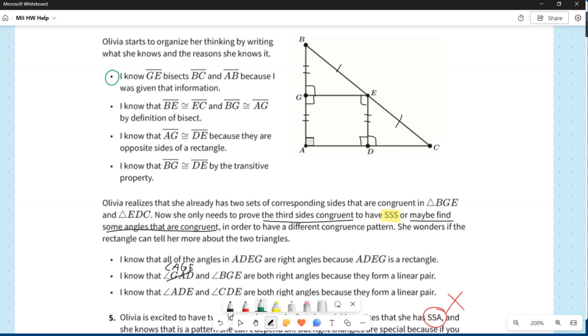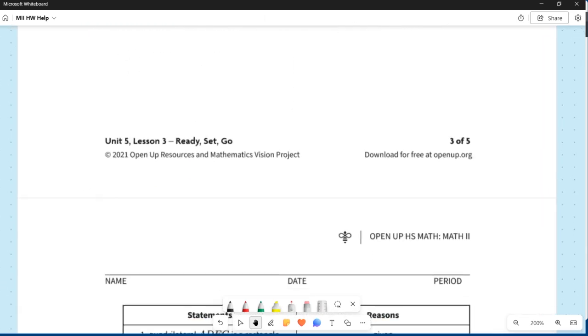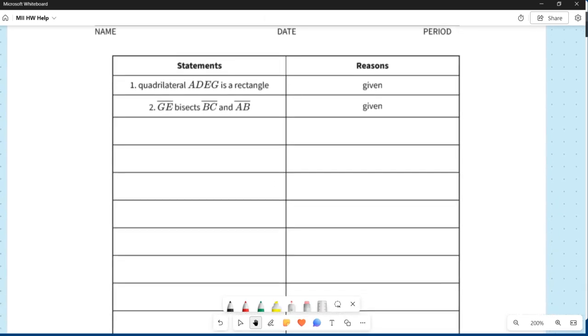And then notice that the second bullet point comes from the first bullet point, right? So given that GE bisects both of those things, it tells us that we've got some line segments that are congruent. Well, this is a handy thing to know, and this is a handy thing to know. And they follow from the fact that we have a bisector here. So in order to construct our proof, we want to include those statements, right?